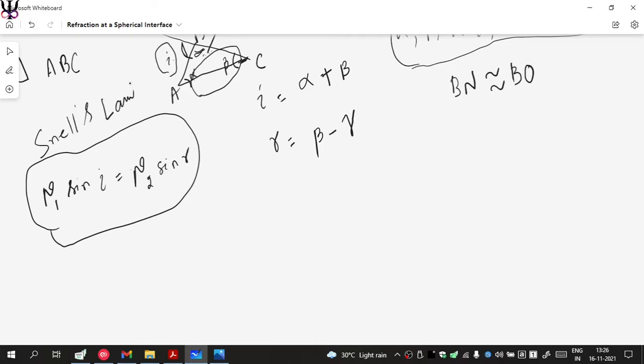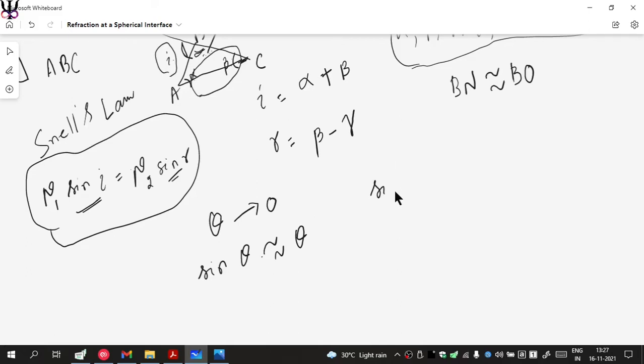Now we don't know what sin I is because sin I is a ratio. Similarly, sin R is also a ratio, but we know that I is small, R is very small, and for any small angle theta, that means when theta in radians tends to 0, sine of theta is approximately the same as theta.